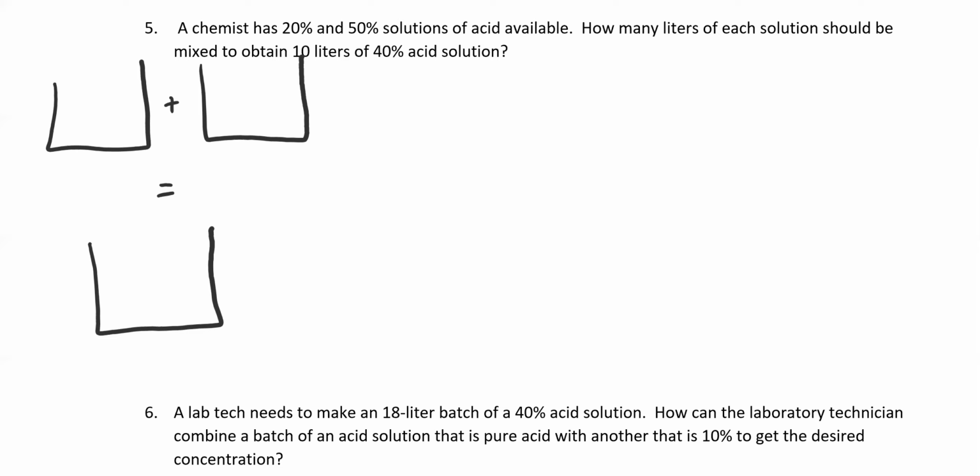So a chemist has 20% solution and 50% solution. How many liters of each should be mixed? So how many liters of 20%? How many liters of 50% should be mixed to obtain a 40% mixture, and we need 10 liters.